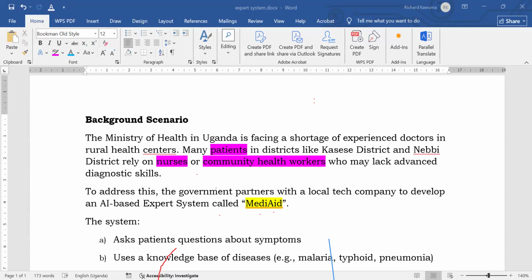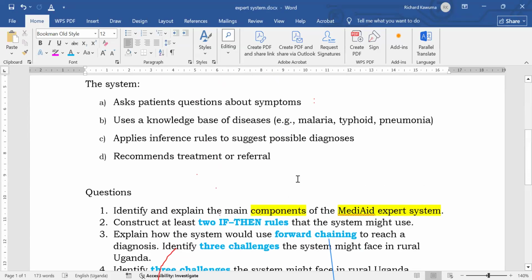Now, can someone explain to me how these components work? The question requires us to identify and explain the main components. You have identified them and explained them, yes. But what is the relationship that helps us make this system work?